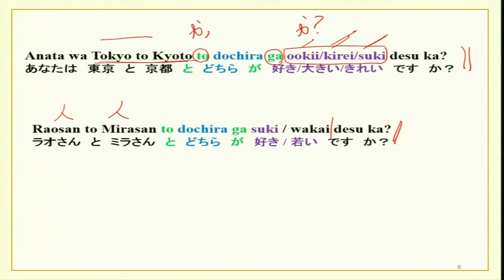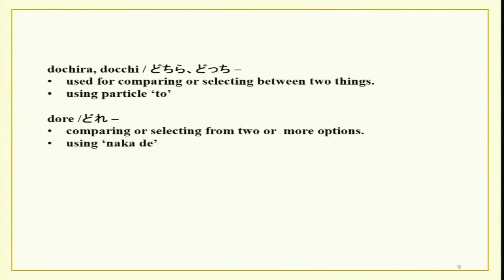So, you can basically compare noun 1 plus noun 2, these two, and plus over here will be to. Now, dochira and dochi are used for comparing or selecting between two things, as I just told you, and the particle to is what you will use before dochira. That is the most important part.